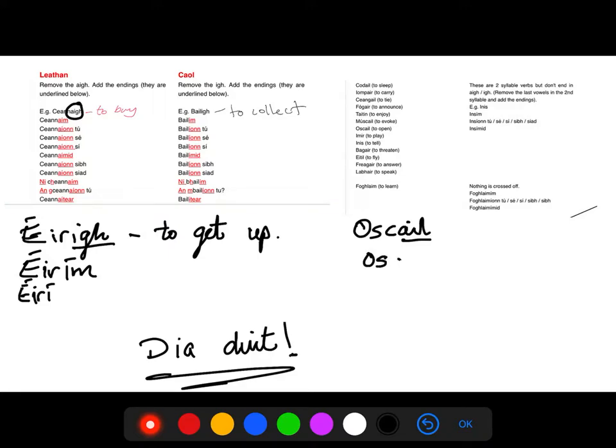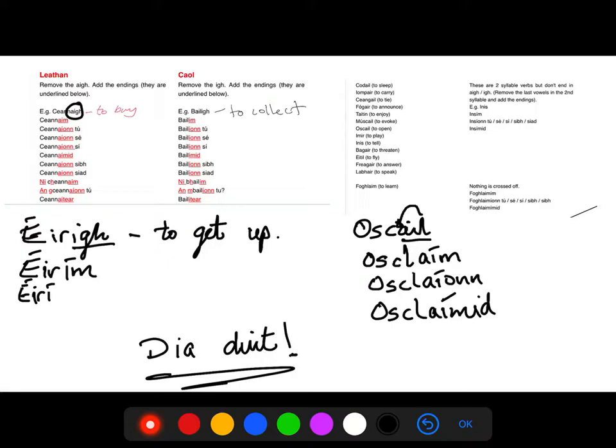So Oscl, and now the only difference here is the L comes back, almost as if it jumps back here. Osclaím. Okay, and then we go Osclaíonn sé, sí, and Osclaímid. On theirs, we open the door.